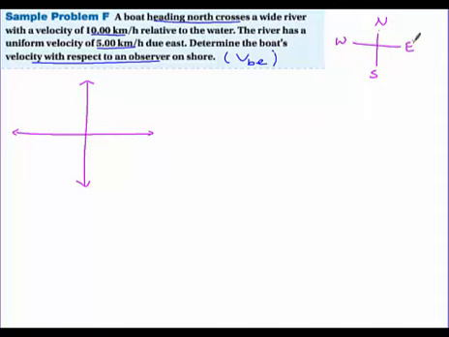The boat is crossing to the other side of the river at a speed of 10 kilometers per hour in the direction of north, along the y-axis. This is the velocity of the boat relative to the water, 10 kilometers per hour north.